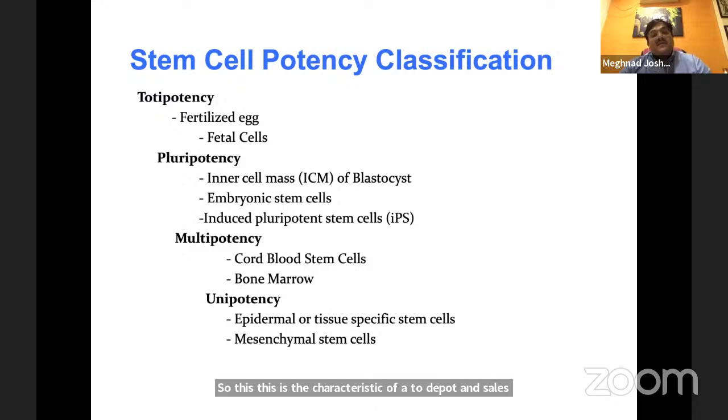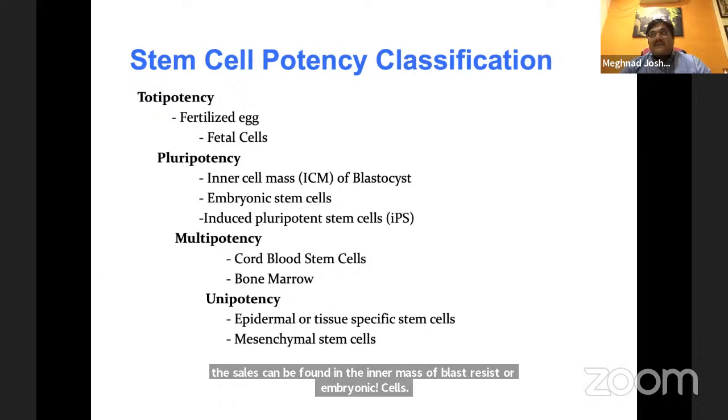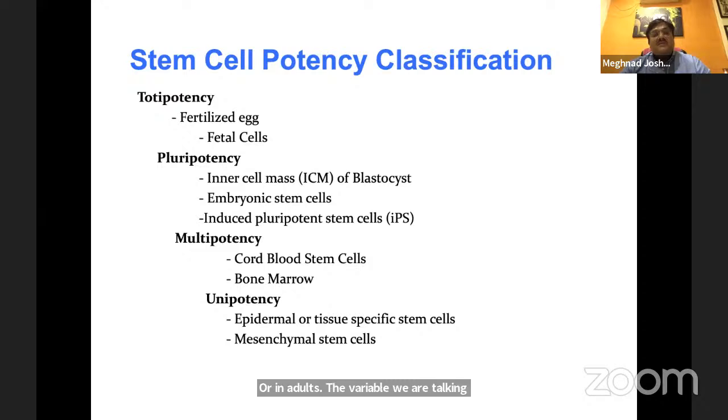Now, as the cell ages, the cell becomes pluripotent, and these cells can be found in the inner mass of the blastocyst or embryonic cells, or in adults, in induced pluripotent cells, where any adult cells can be reprogrammed to form pluripotent cells. So these are the pluripotent cells. The peculiar characteristic of pluripotent cells is they are able to differentiate into 3 germ layers.